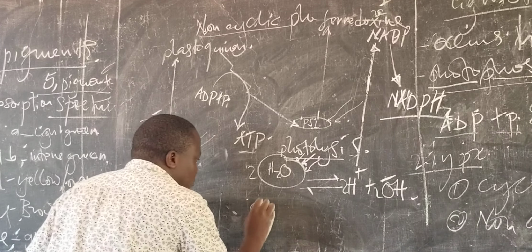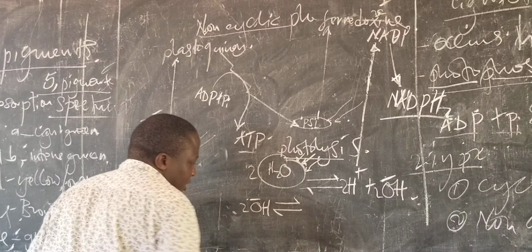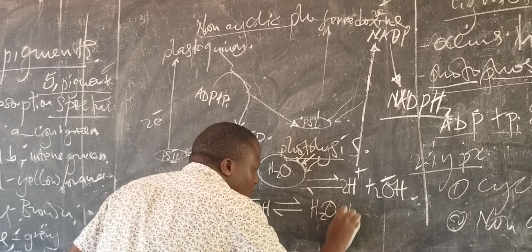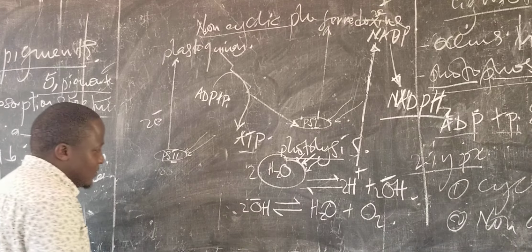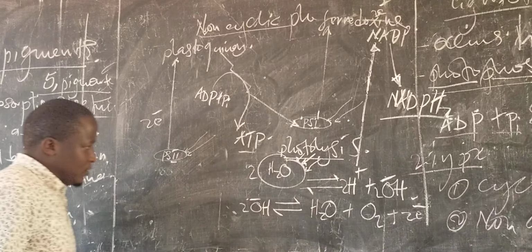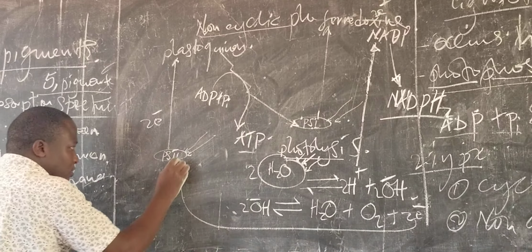The remaining hydroxyl ions continue and react together to produce water molecule plus oxygen gas. You can add 2 electrons this side to balance that reaction. These electrons produced will come and stabilize the photosystem.